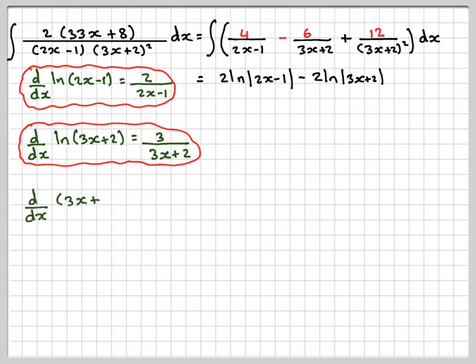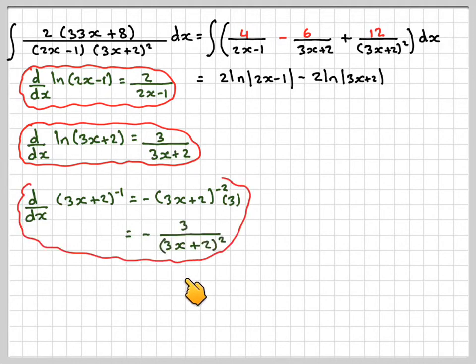And then d/dx of 3x plus 2 to the minus 1. If we take this up here, it gives you 3x plus 2 to the minus 2, but we're looking for where it came from. So we add 1 to the power. Okay, and then we'll differentiate this. We're going to get minus 1, write down the bracket, and then reduce the power by 1, so the power will become minus 2, times 3, and that gives me minus 3 over 3x plus 2 squared, but I want plus 12 over 3x plus 2 squared.